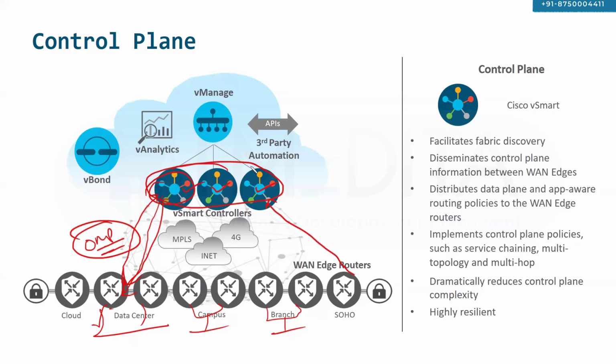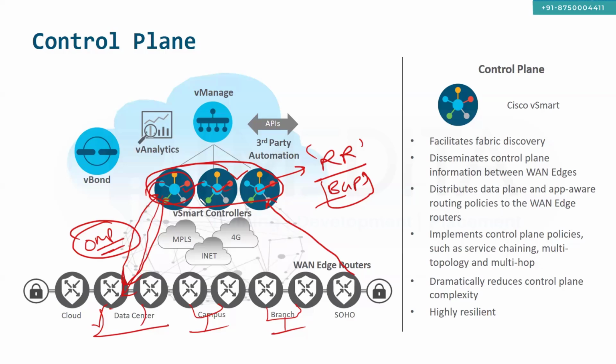The default behavior of the vSmart is quite similar to what route reflectors do in BGP. I don't know how many of you are familiar with route reflectors in BGP, but the vSmart has exactly the same functionality as route reflectors in BGP.